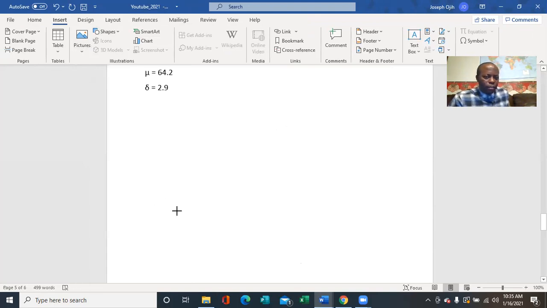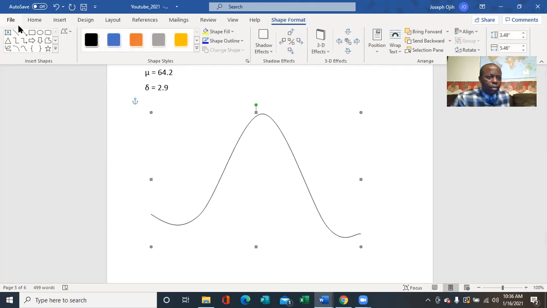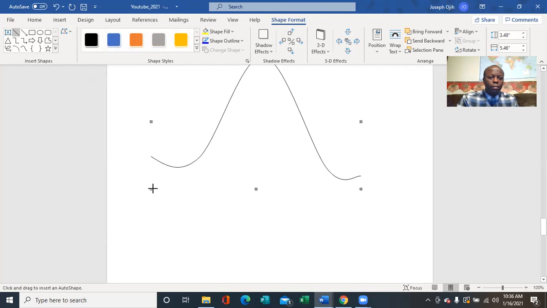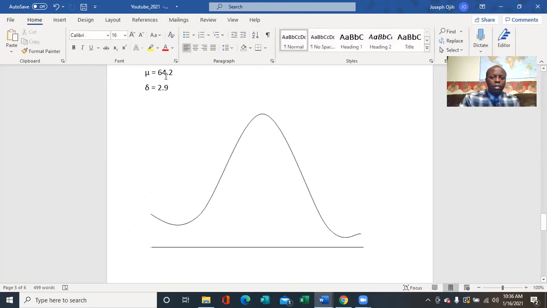Now I go here. Then I put in the x-axis for this. Now we are told that the mean is 64.2. So I'm gonna put that one first. 64.2 inches.